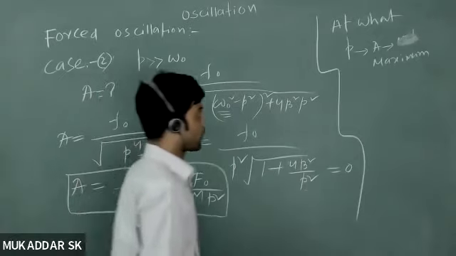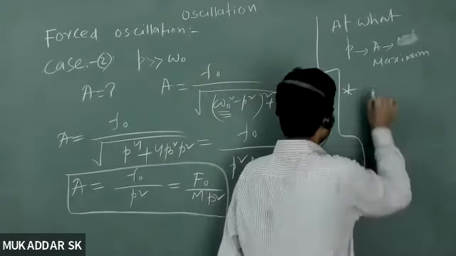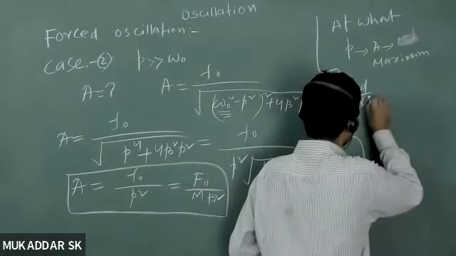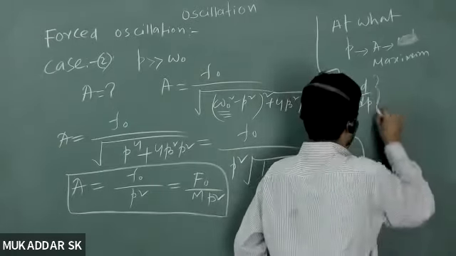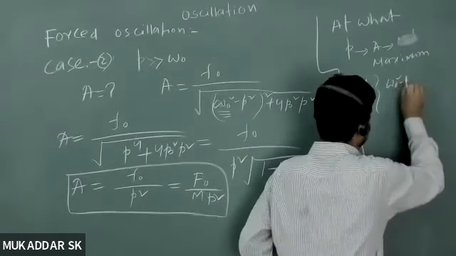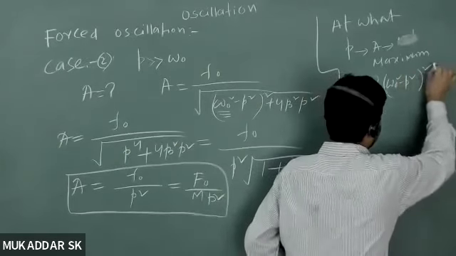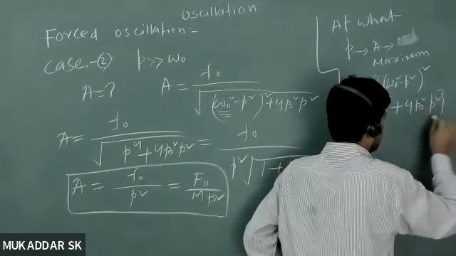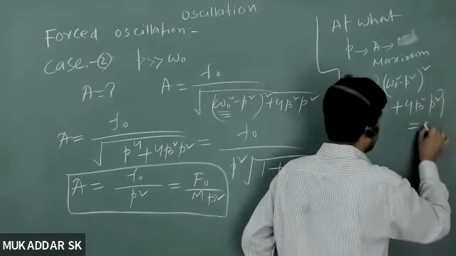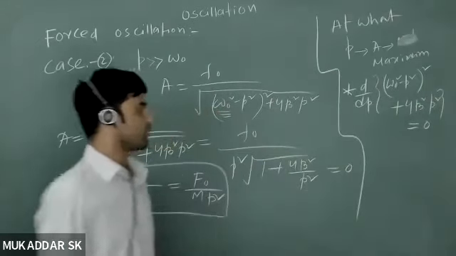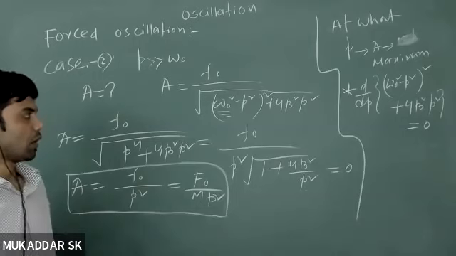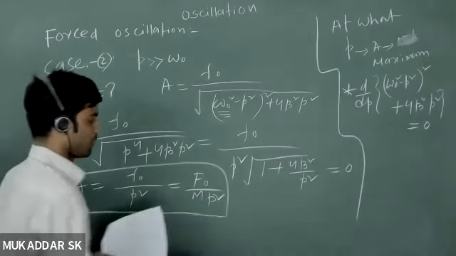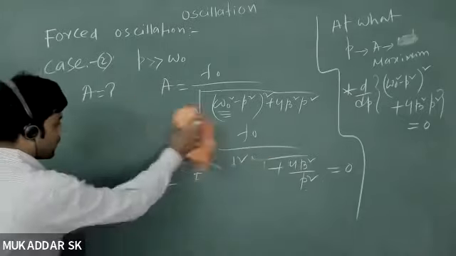So to calculate the P at which amplitude is maximum, you have to differentiate with respect to P the term omega naught square minus P square whole square plus 4 beta square P square, and equate it with 0, because this is the condition of maxima or minima, right? So just differentiate with respect to P, substitute equals 0 and calculate the value of P.